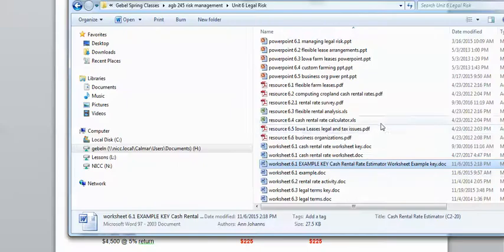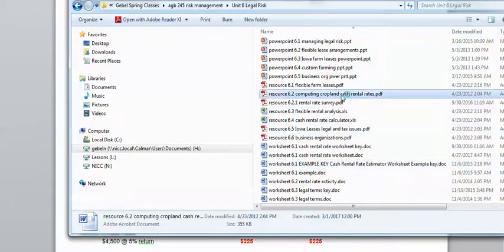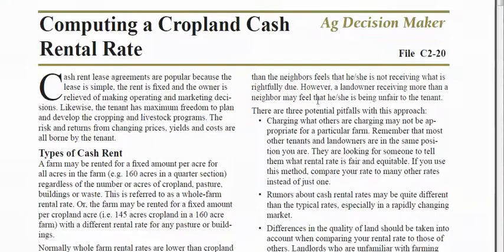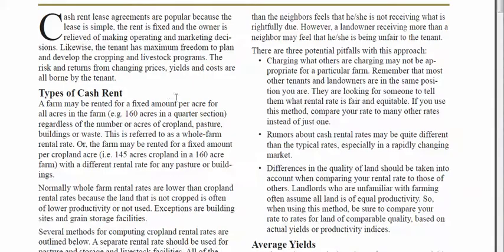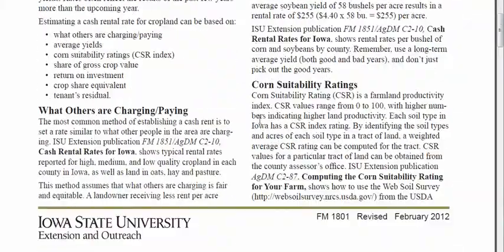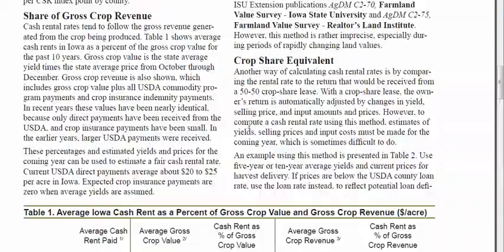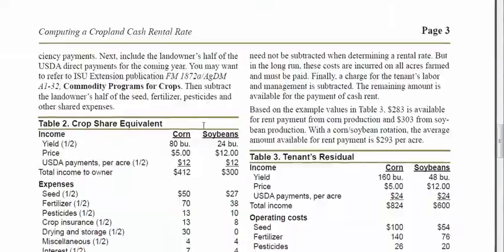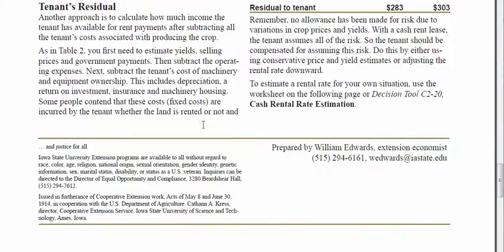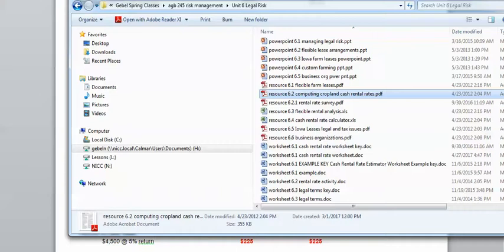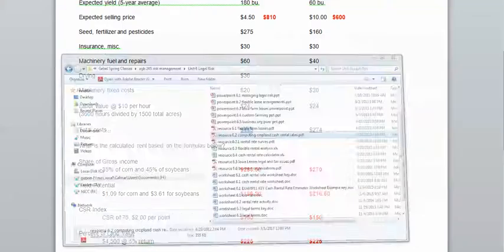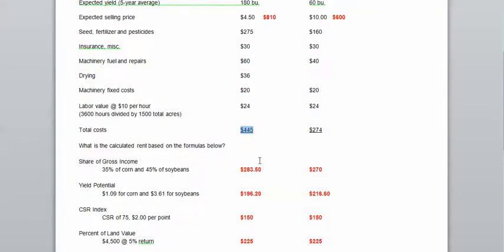And it looks like this, computing a cropland cash rental rate, and it goes through these different approaches, and it can be very helpful to determine actual rental rates. So let's go through these examples together.